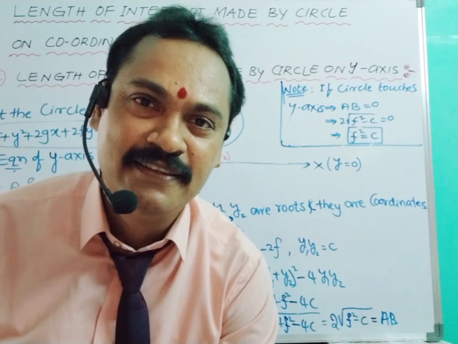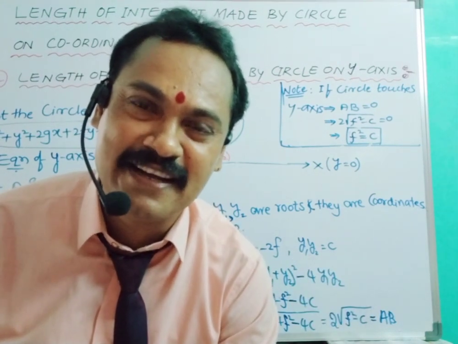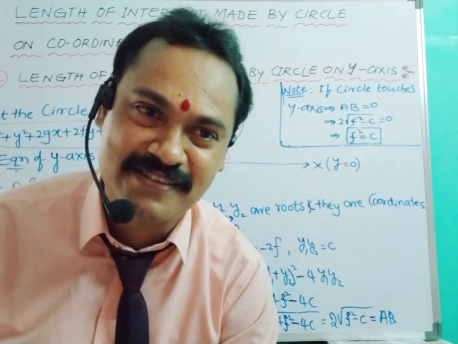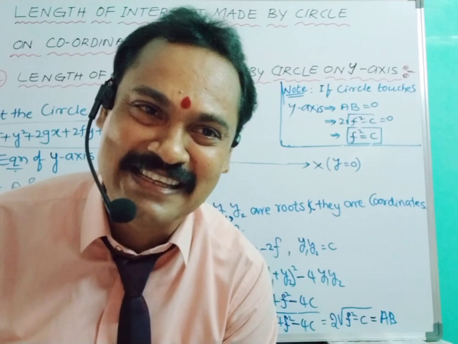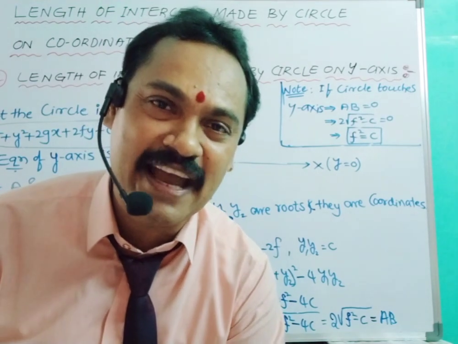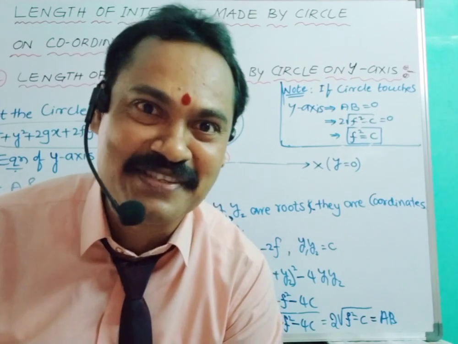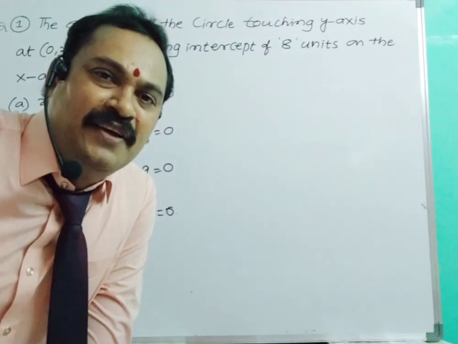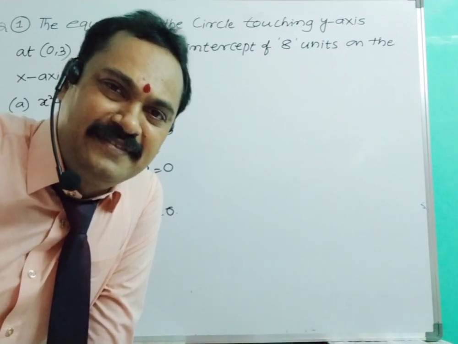And second concept, the length of the intercept made by the circle on the y-axis is 2 root over f square minus c. If the circle touches the y-axis, what is the condition? So f square equals c. Got it?